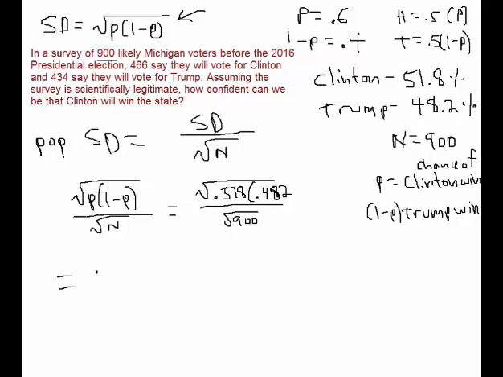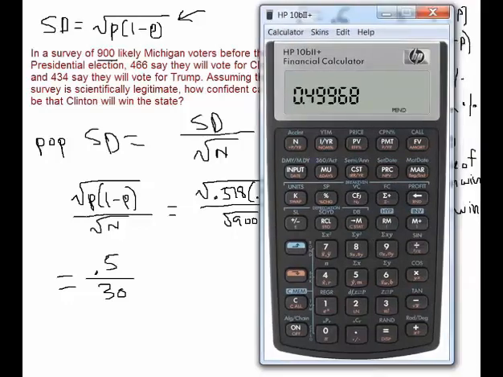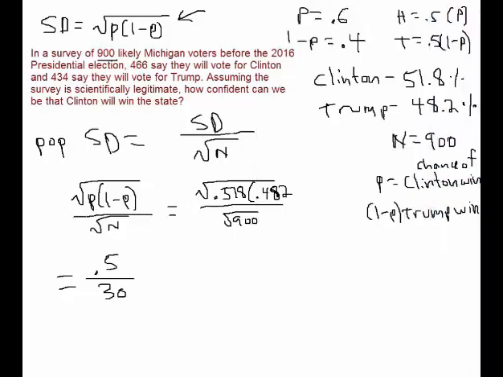So we can round it off to 0.5 divided by the square root of 900, which is 30. So let us take this number and divide it by 30, and we are going to get approximately 0.0166, which I'm going to round off to 0.017, which when you convert it into percentages is approximately 1.7%.